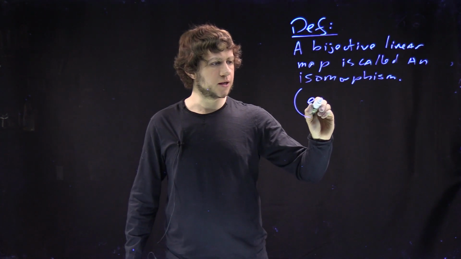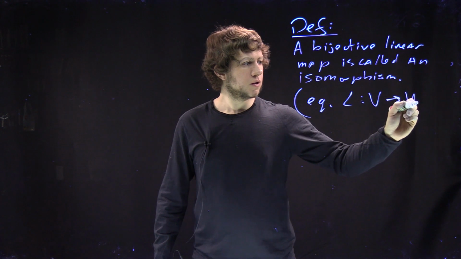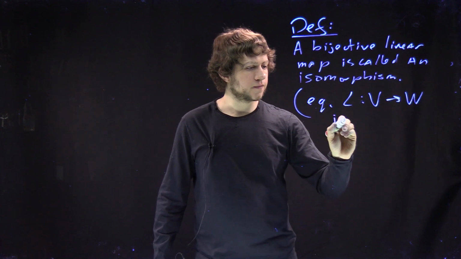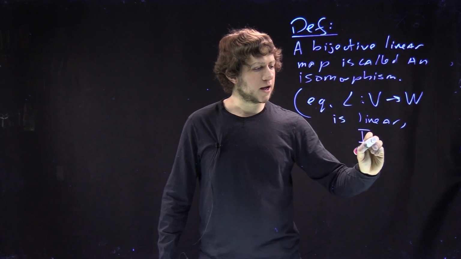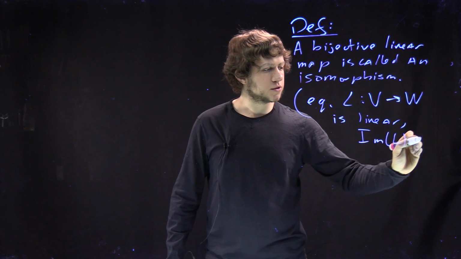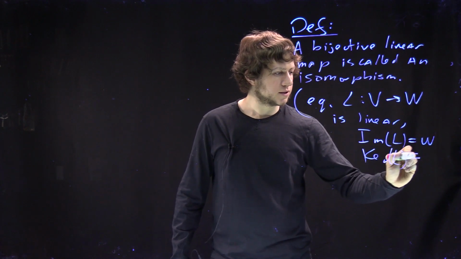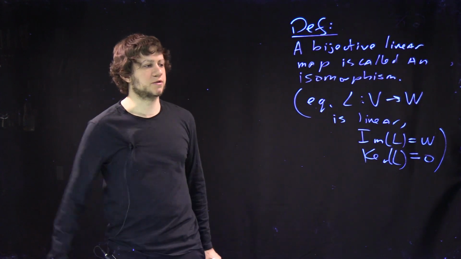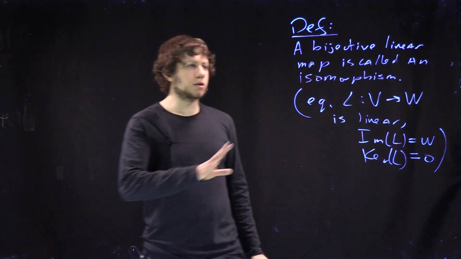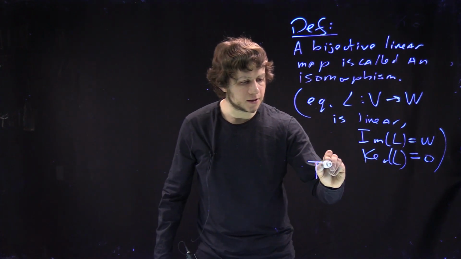So equivalently, L from V to W is linear, image of L equals W, and kernel of L is 0. So that's surjective, that's injective. Together it's bijective.